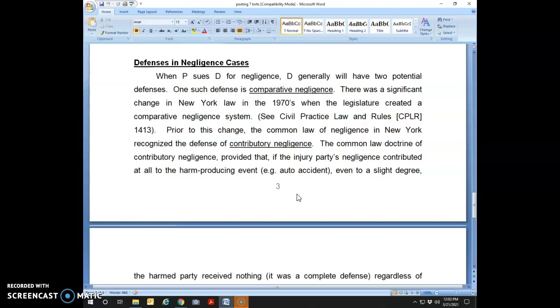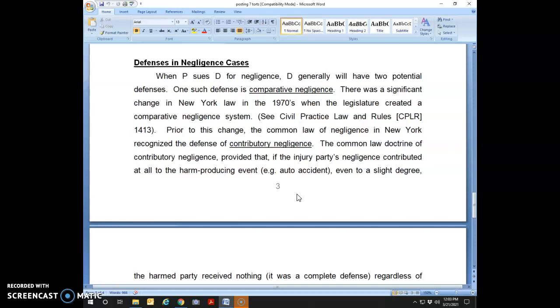There's possibly room to argue that not only was the store owner negligent, but the person who slipped and fell was negligent because they weren't looking to where they were going. And so we can have these factual situations that could permit the conclusion that both the plaintiff and defendant are negligent.